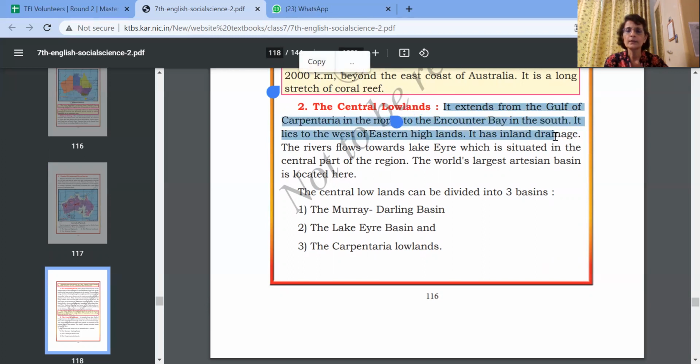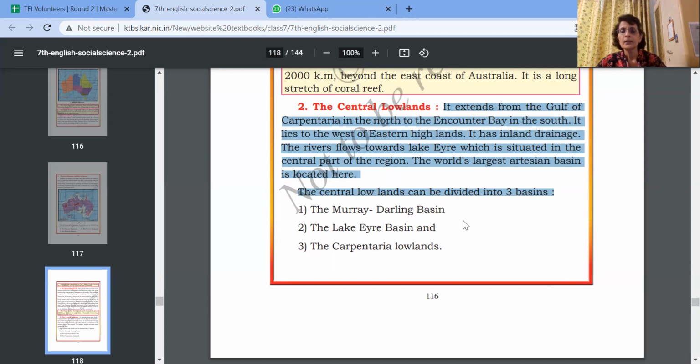and here, and it has inland drainage. The rivers flow towards Lake Eyre, which is situated in the central part of the region. The world's largest artesian basin is located here. So all this is important. We need to mark all this, and let me explain this to you.